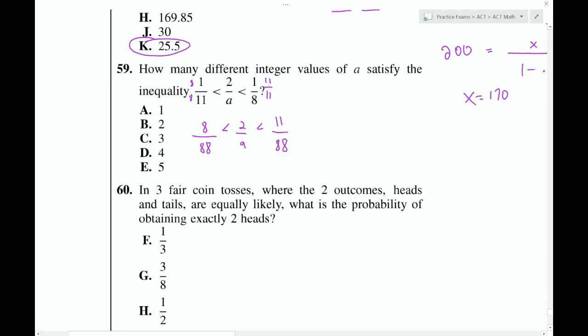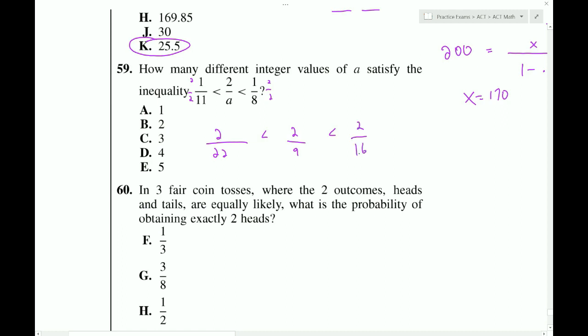Something like this. Actually, I went the wrong way here, so I'm going to start over. What would be best is if we got the numerators to be the same. So let's do 2 over 2 here and 2 over 2 here. So we'd have 2 over 22 is less than 2 over a is less than 2 over 16.